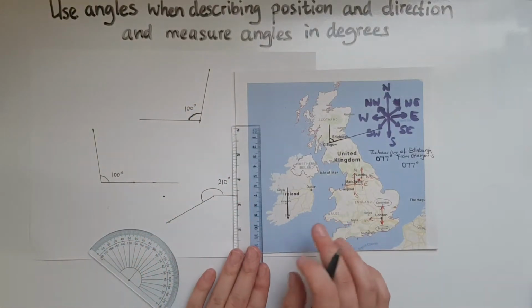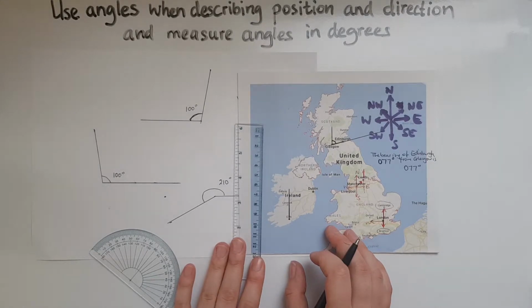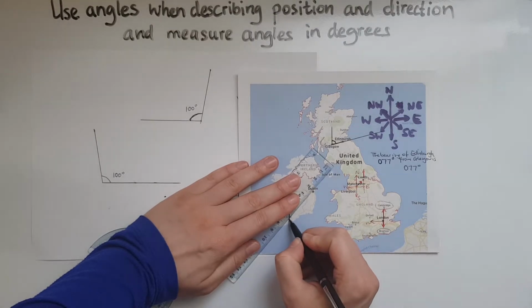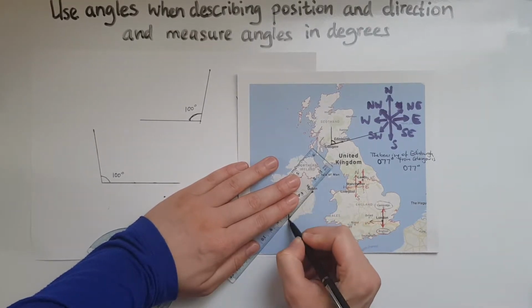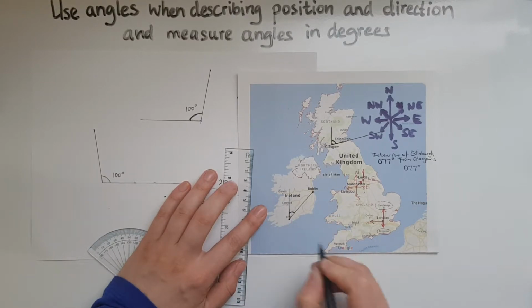And we set from Cork, so the bearing of Dublin from Cork, so we're going to Dublin. So from Cork, that means we're measuring this angle.